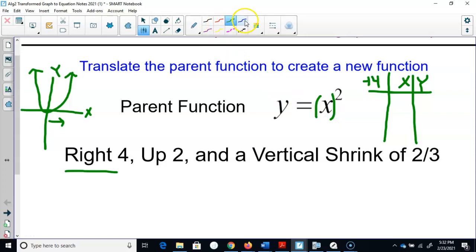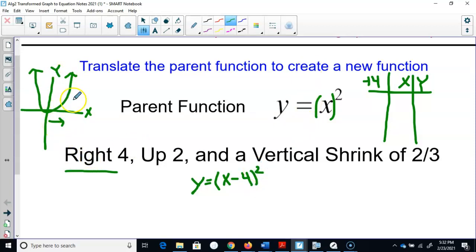Whatever was happening inside the grouping symbol, we did the opposite to x on the table. So let's go ahead and rewrite what we have. So we have y equals my grouping symbol, now x minus 4, squared.